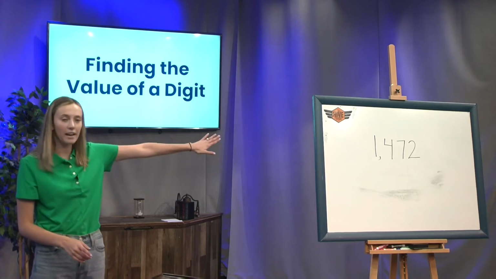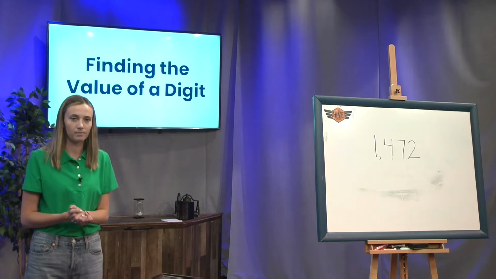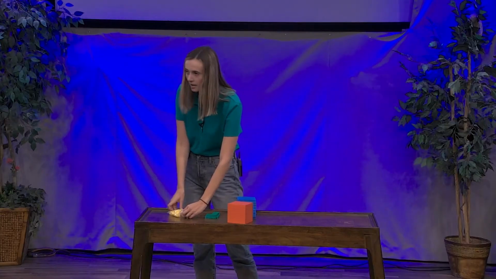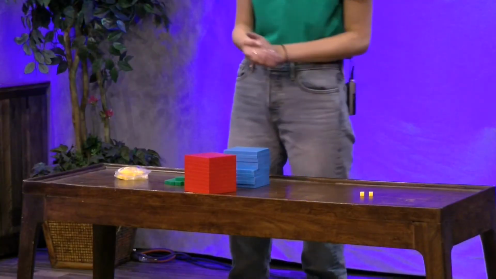That first digit on the very left, the 2, what is the value of that digit? Just 2. So I'm going to get 2 little blocks, 2 of these little guys, and now I'm going to place them right here. So I have 2. Okay, now I'm going to represent the next digit, a 7.